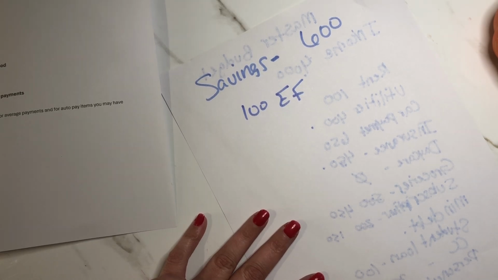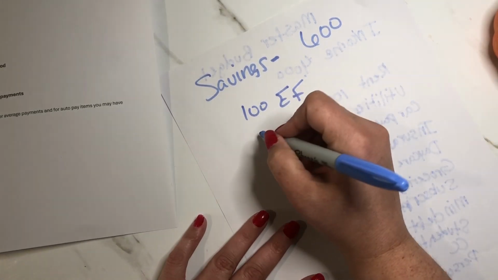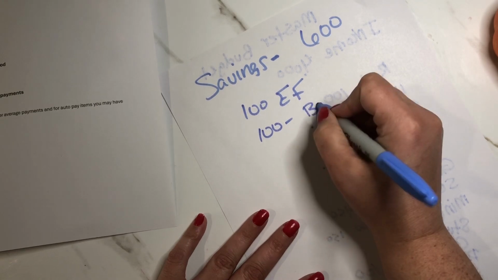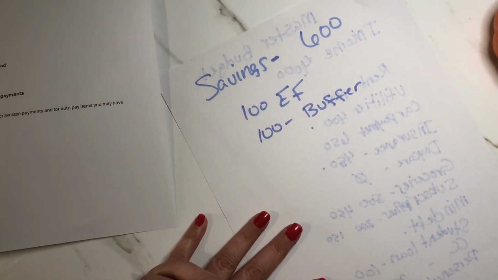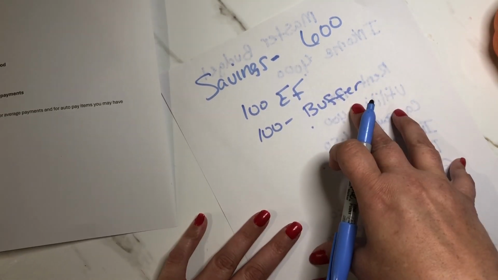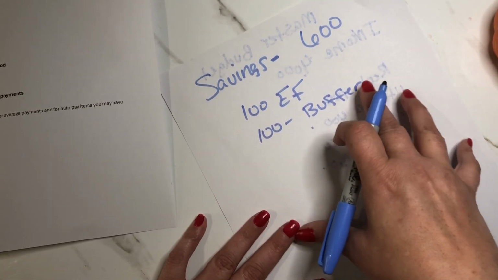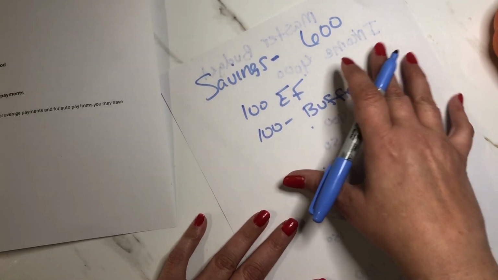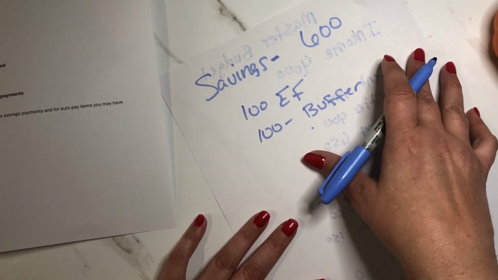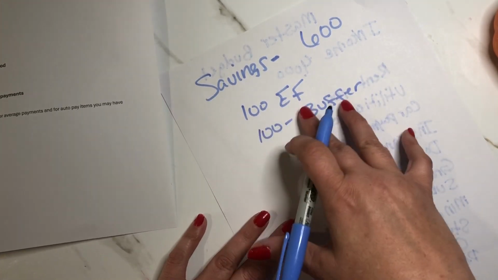We want to leave $100 buffer in our checking account, just in case we made any kind of mistakes on that master budget, or the master budget was off by a little bit, or somebody added a new subscription, like your husband, or you, and forgot to tell the other. So you want to always leave a little buffer if possible.